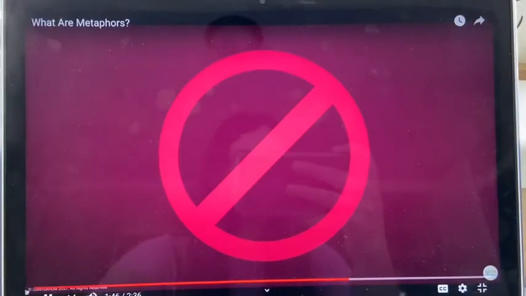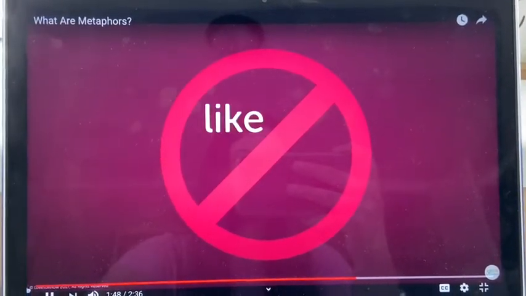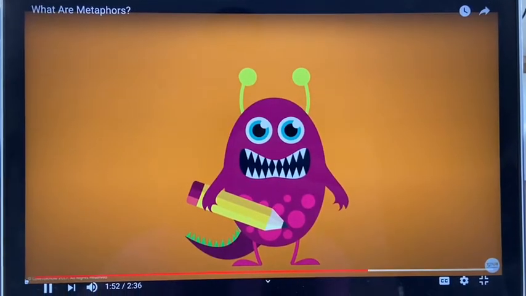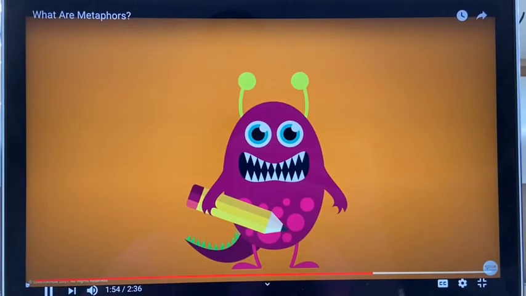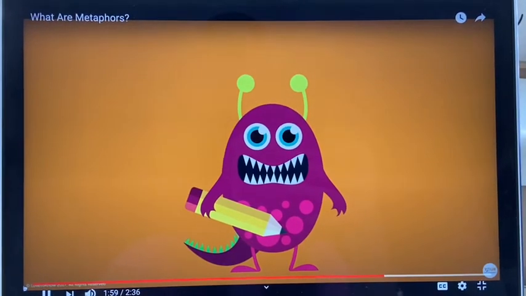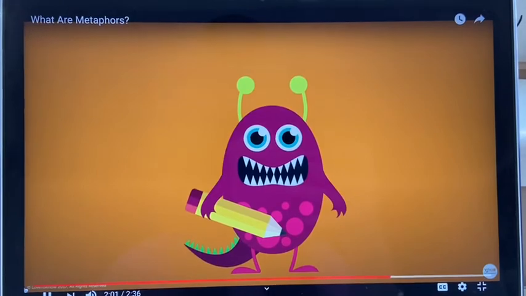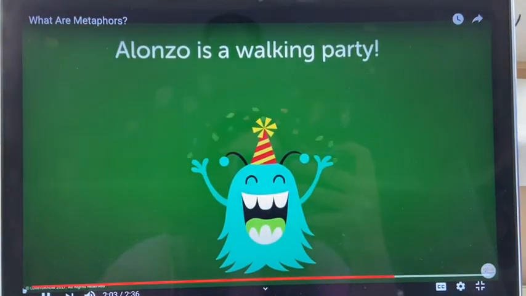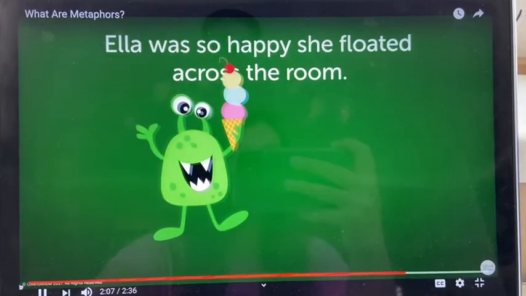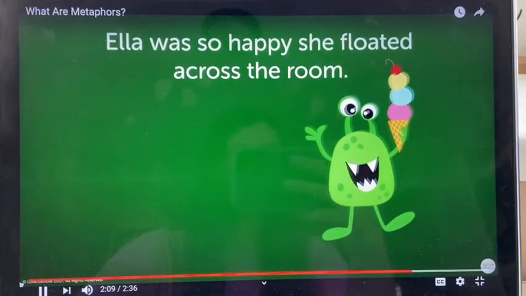Remember, metaphors describe without using the words like or as. To use metaphors in your writing, think creatively and use interesting and unique comparisons to craft your descriptions. Here are some more examples of metaphors to inspire you. Alonzo is a walking party. Ella was so happy she floated across the room.